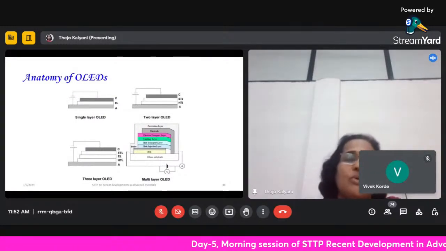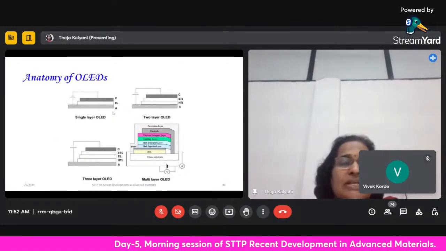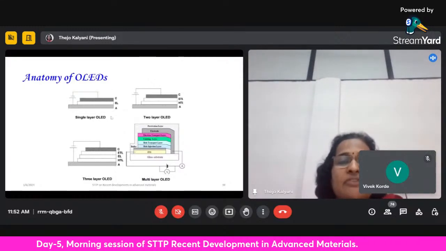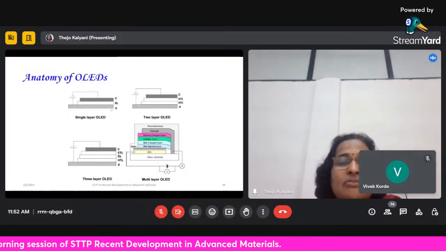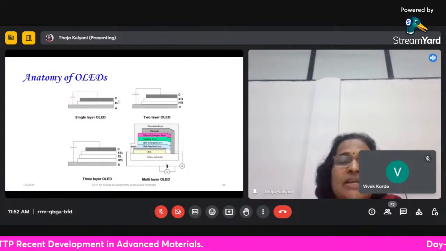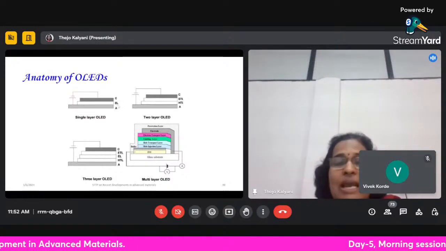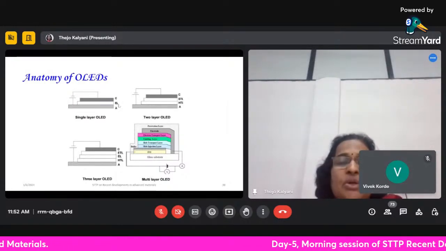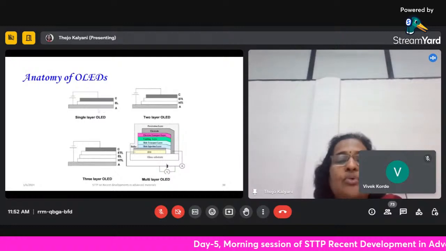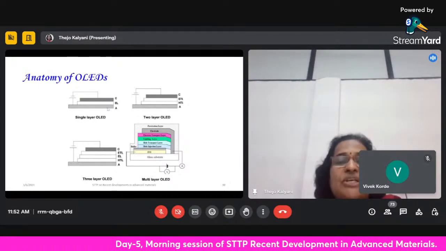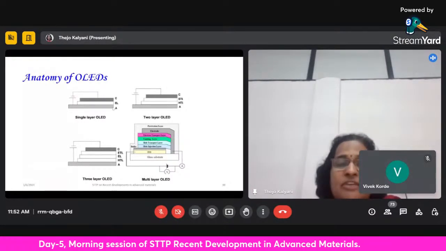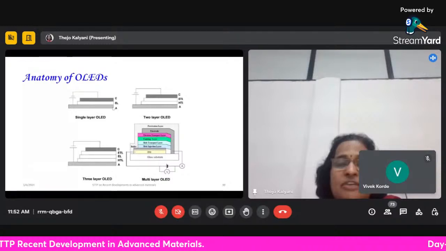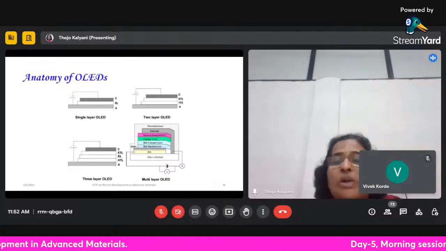If you talk about the structure of OLED, that's the anatomy. Earlier devices had only a single layer between the anode and the cathode, and the region between the anode and cathode is known as the emissive layer. In order to increase the efficiency of the device, we added some layers, like the electron transport layer and the hole transport layer.